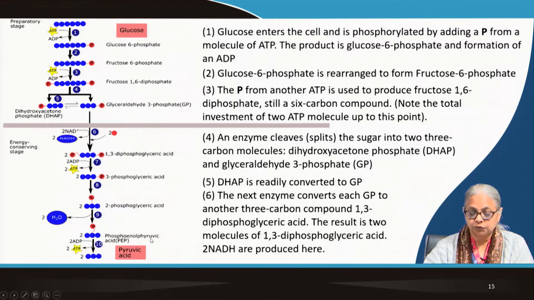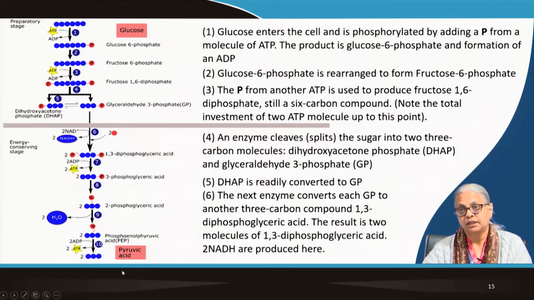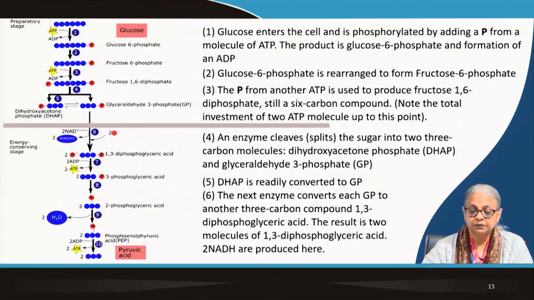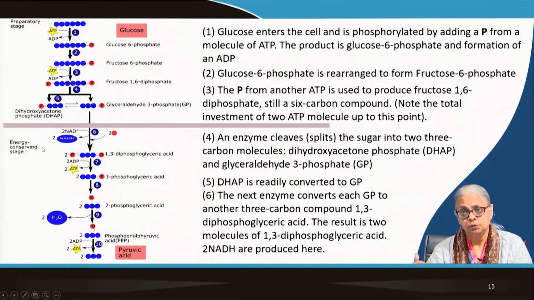Phosphate from phosphoenol pyruvic acid is transferred to ADP and pyruvic acid is generated. So pyruvic acid is a C3 compound, two of them are formed, and in the entire process 2 ATPs were invested, 4 were obtained, so there is a net gain of 2 ATPs, and 2 NADH are also gained.